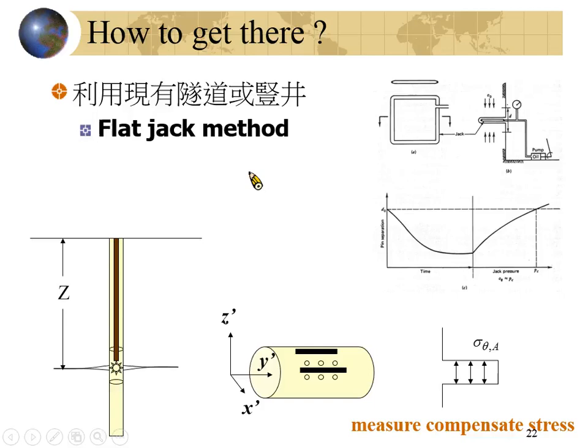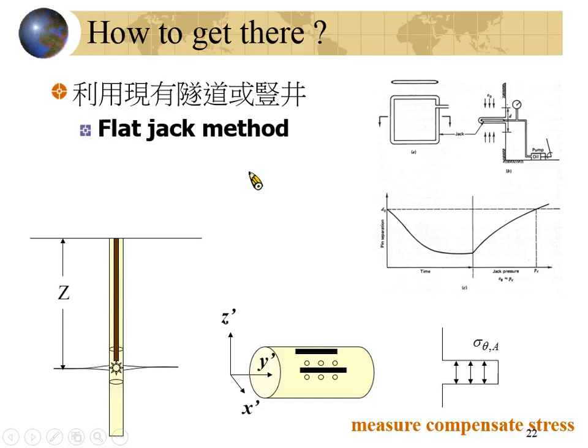When you cut the slot, the sides close toward each other, so the displacement will have a negative value like this and approach a steady state deformation. When it reaches the steady state, you start to make your hydraulic jack expand, so the displacement will go back.